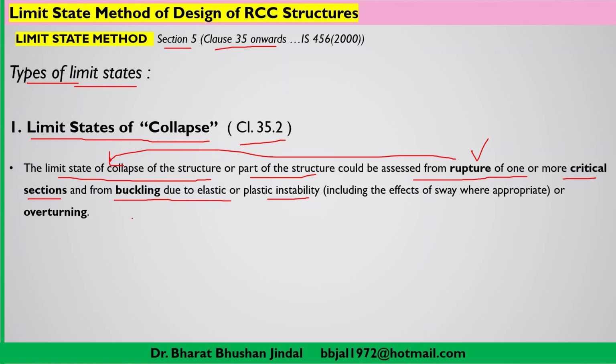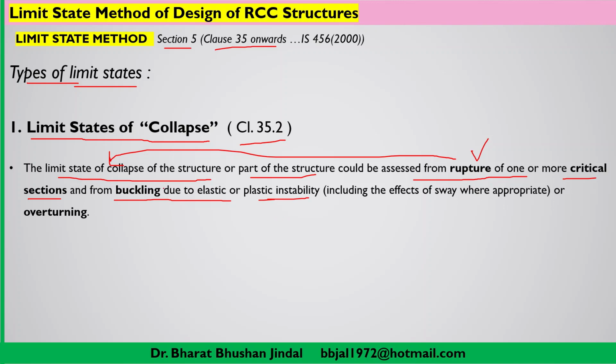That means if there is any buckling, just like bending, in any structural component of that structure, it means the structure has not collapsed, the structure is not failed, but it is just an indication that later on it can collapse.